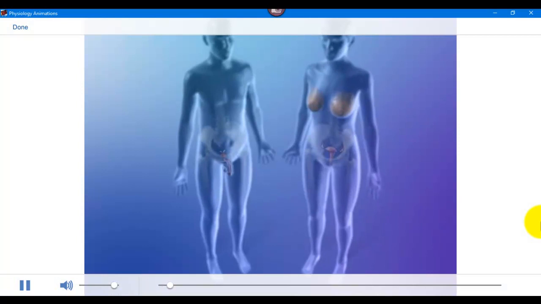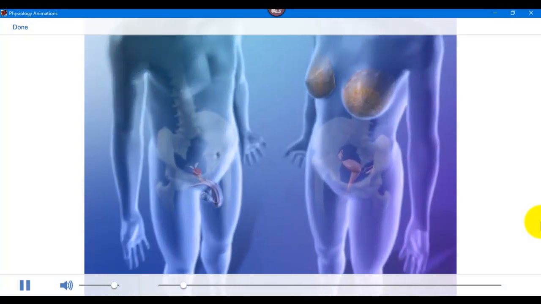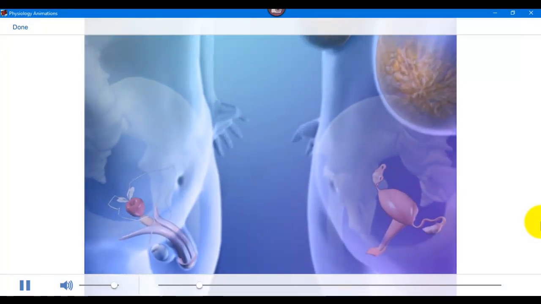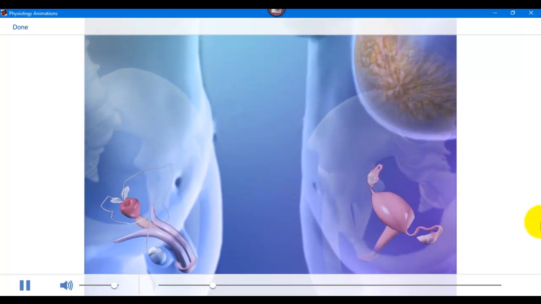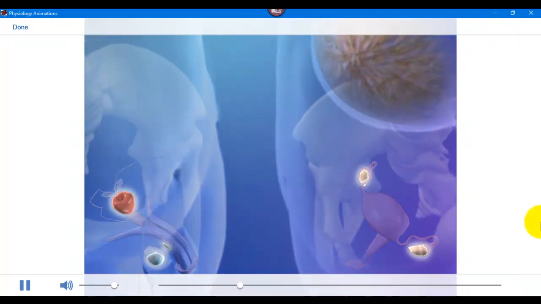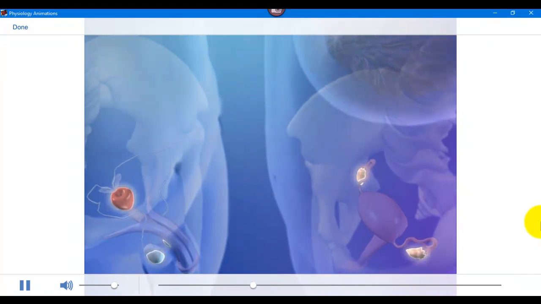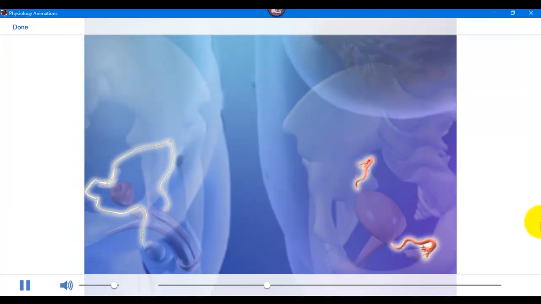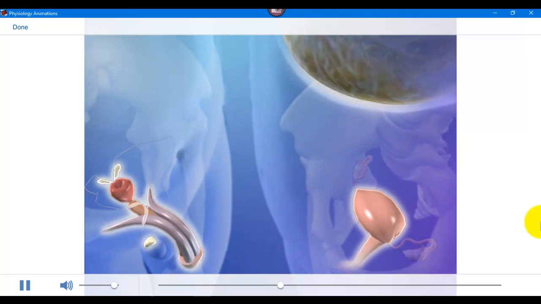The male and female reproductive systems work together to allow humans to produce offspring and pass genetic information from one generation to the next. The male and female reproductive systems include organs that produce sex cells, organs that store or transport these cells, and accessory organs that facilitate or support reproduction.